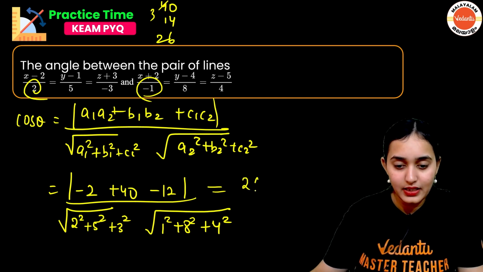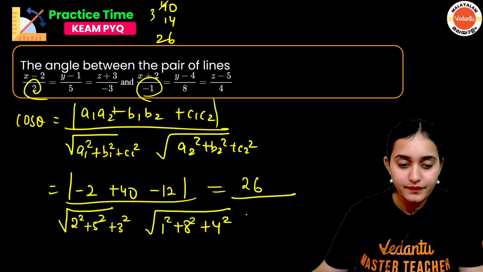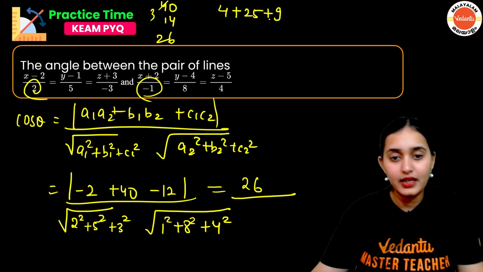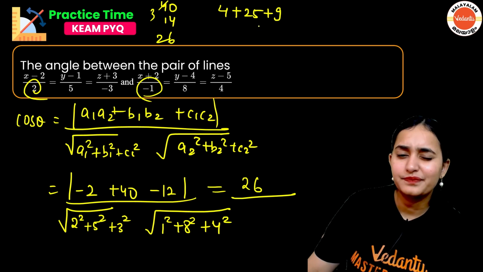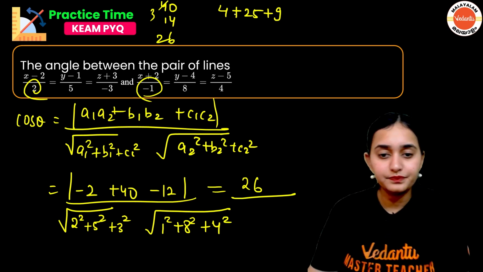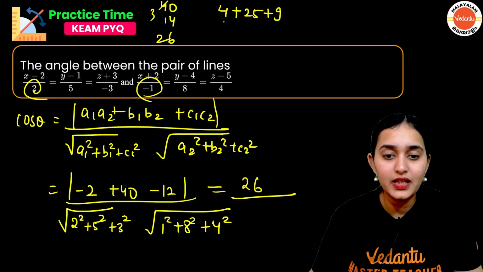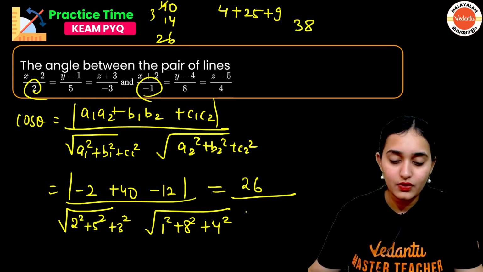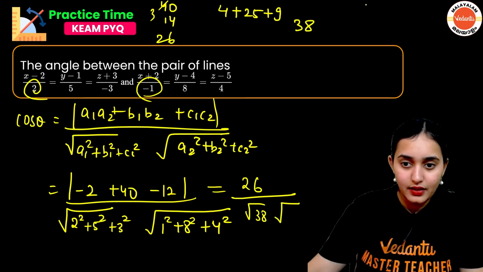So this is 26 upon, 2 2s are 4, 5 5s are 25, 3 3s are 9. So we are getting here 25 plus 4, 29, 29 plus 9, 38. So root over 38 into root over 1 plus 64 plus 16.